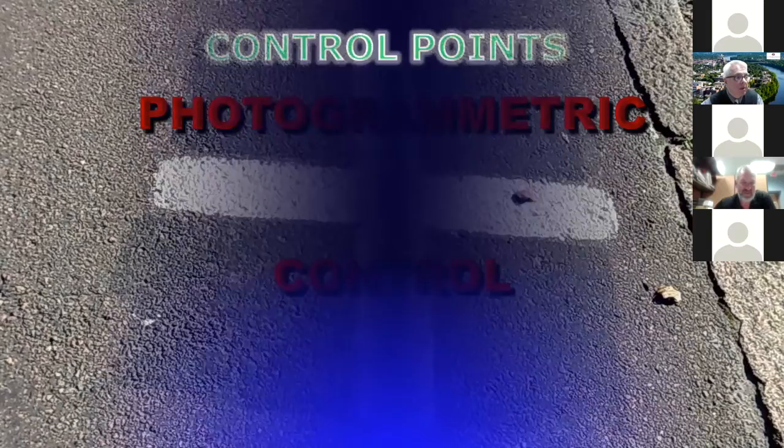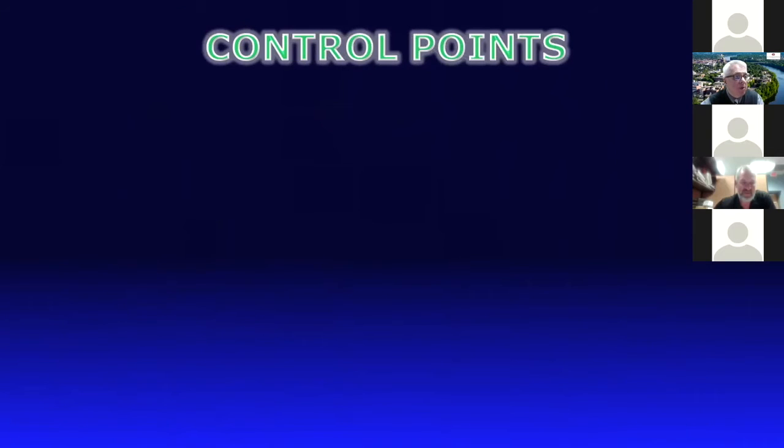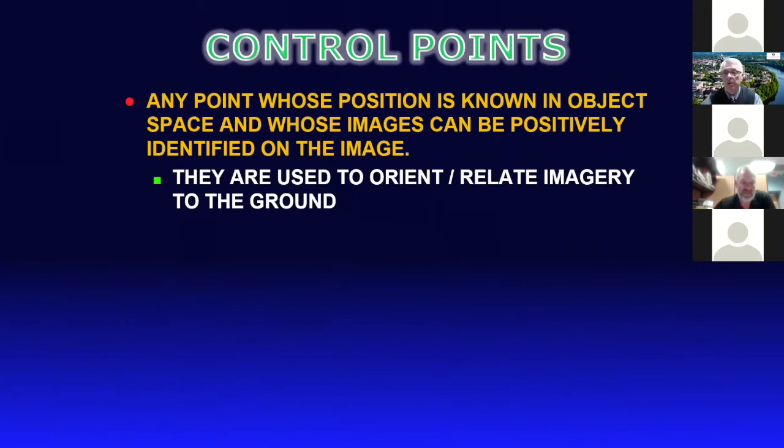So for many kinds of UAS missions, any kinds of aerial missions, but let's just talk about UAS right now, there has to be some way of taking the imagery that you gather and generate and being able to tie it back to the actual position on the Earth's surface. To do this, we need to utilize what are called control points.